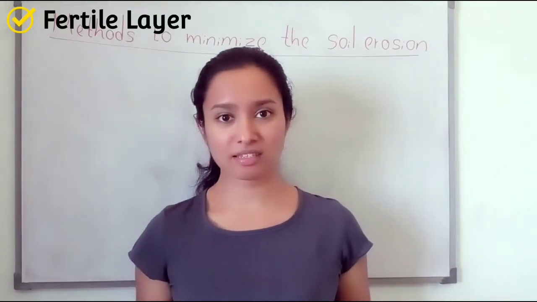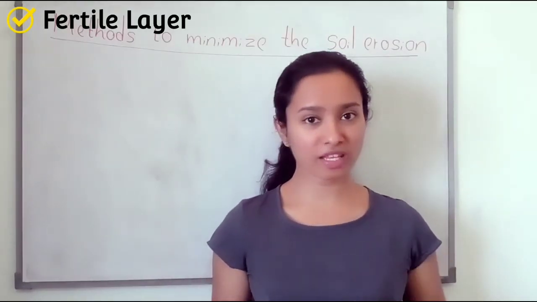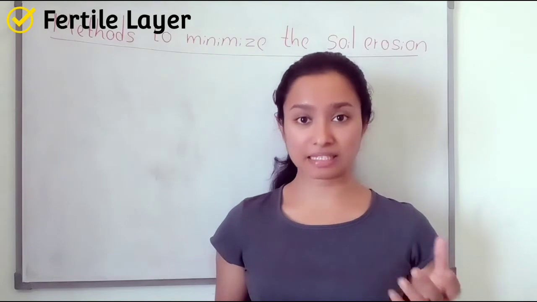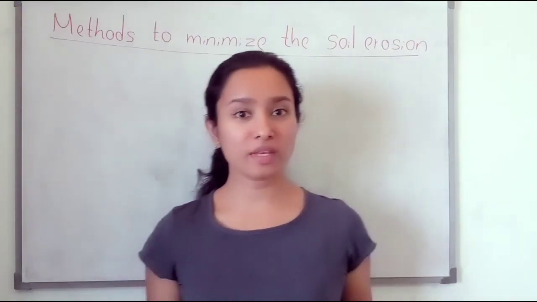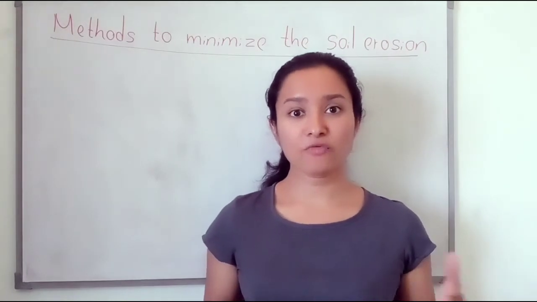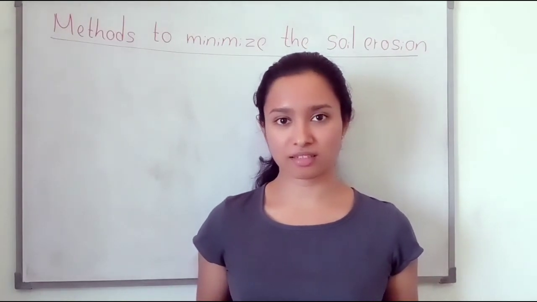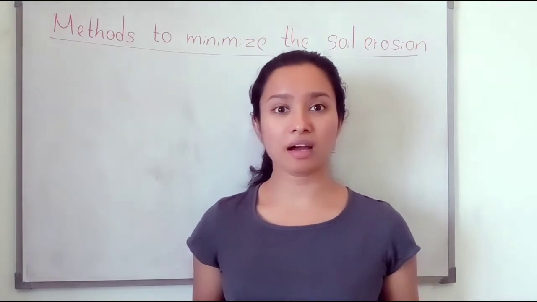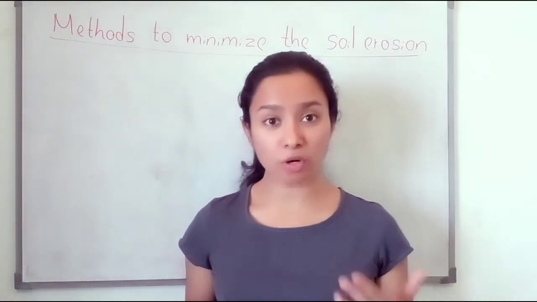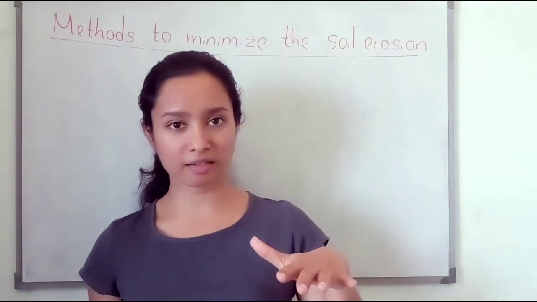These nutrients are needed for the growth of plants, so we call this the fertile layer. By removing this fertile layer, we lose the nutrients for plant growth. So we have to minimize soil erosion and protect this topmost layer.